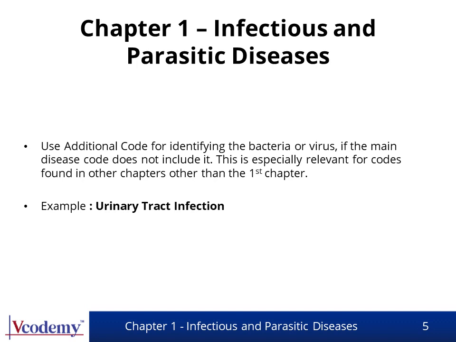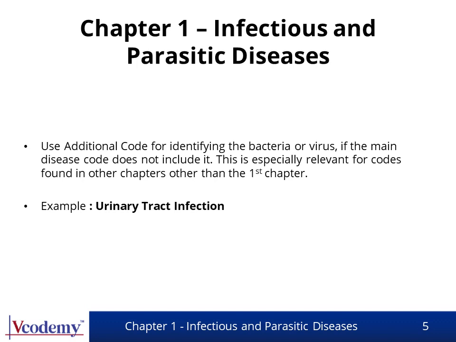Oftentimes the codes in chapter 1 are mentioned in instructional notes following codes from different chapters. For example, under category J04, you can open your book and go to J04, acute laryngitis and tracheitis.